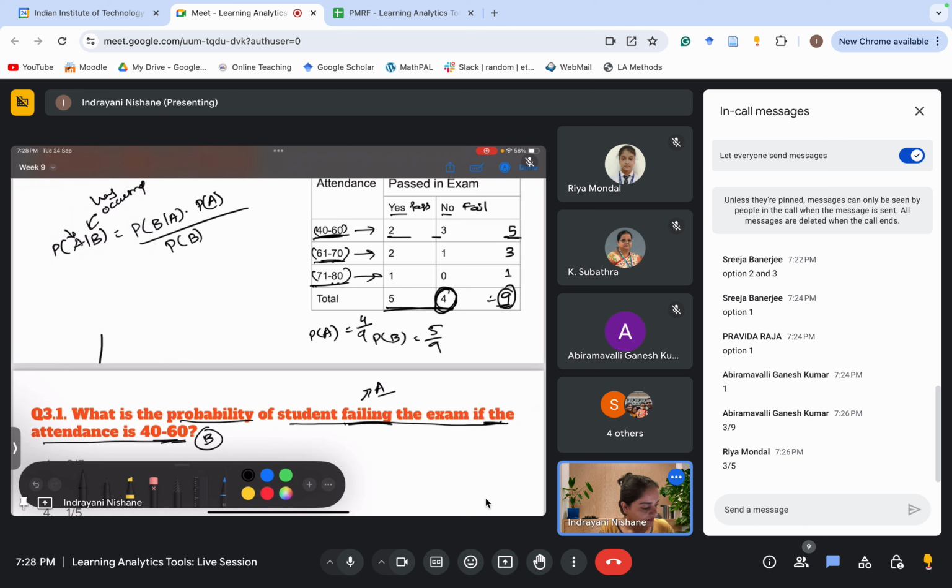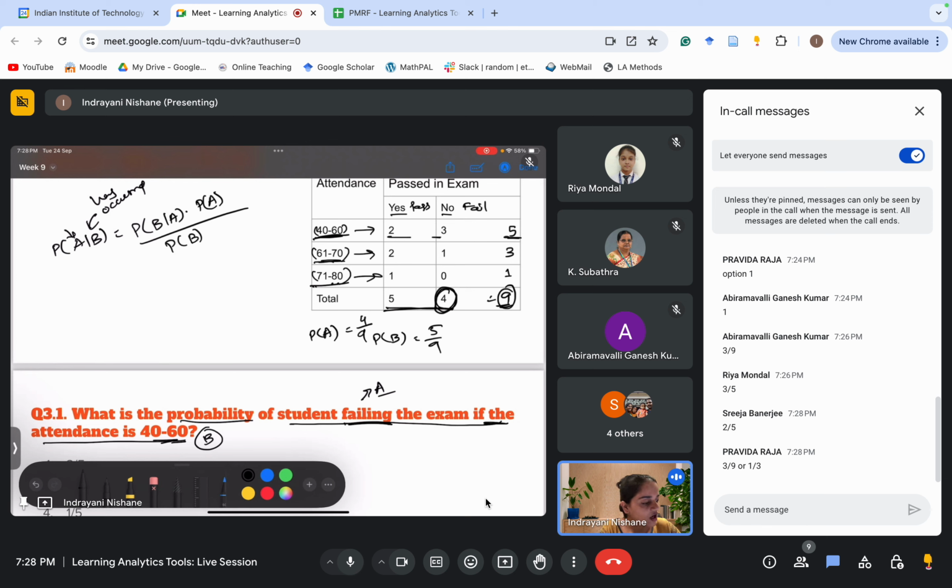For this particular question you don't even need to apply the formula, we can tell from the frequency table, but for the sake of understanding, we'll put everything in the formula. One important probability is a student having attendance between 40 to 60 and failing.